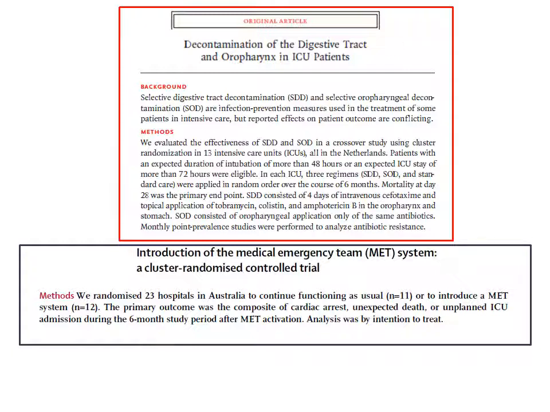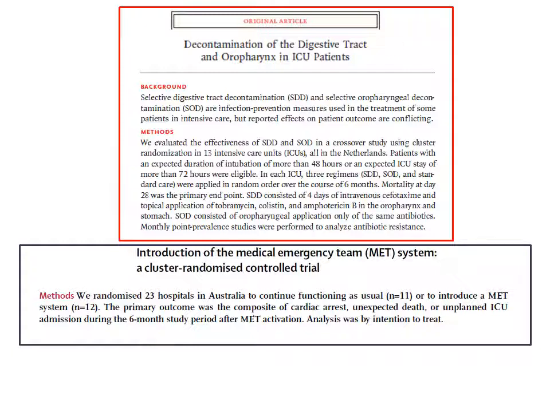And the other cluster randomized trial that we know well in Australia was a cluster randomized trial of Med-System, where the hospitals were randomized to go to Med-System or continue to follow the existing system of rapid responses or cardiac arrest calls.